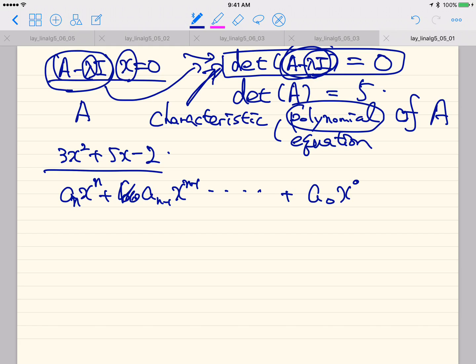This is the general form of a polynomial. Here we have known coefficients like 3, 5, minus 2, and of course we have a variable, such as x. In this characteristic polynomial, what will be our variable? Our variable is lambda here.